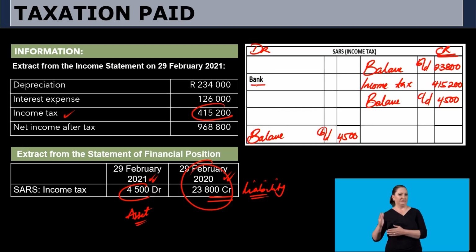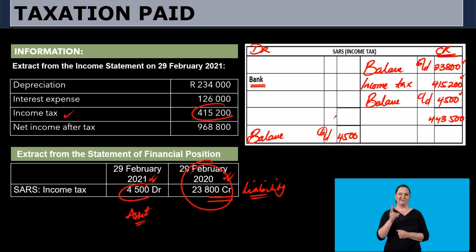So what we want is the bank amount there. Have your calculator closed? We're now going to close this ledger account. I'll now say 23.8 plus 415,200 plus 4,500. How much do you get on your calculator? 443,500.